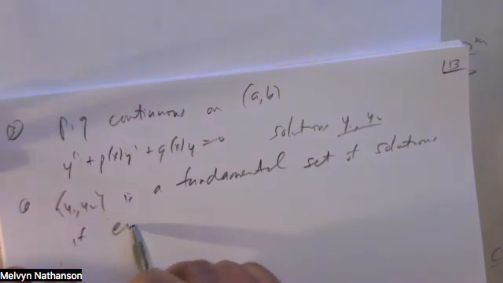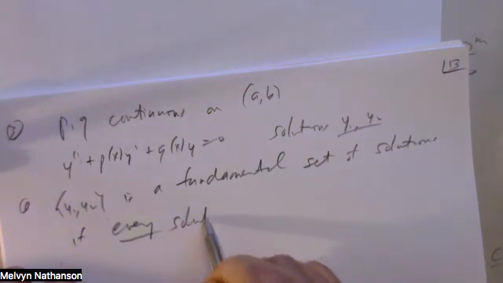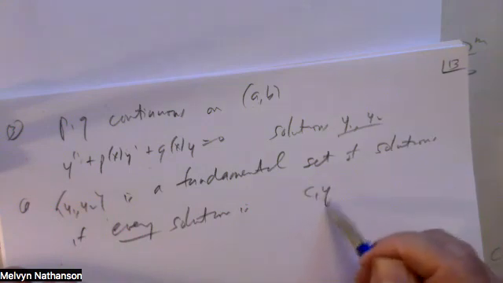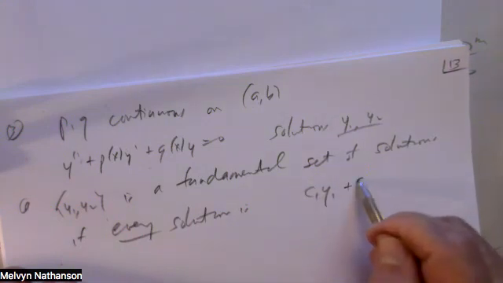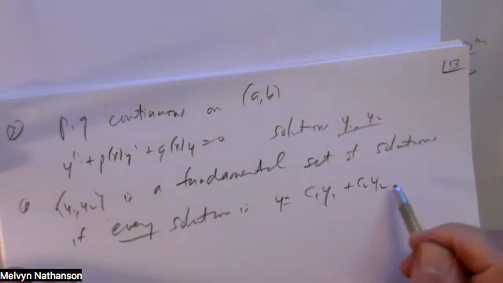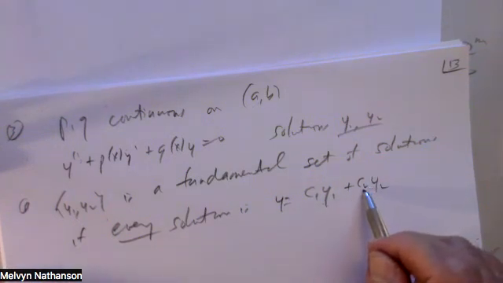if every solution is of the form a linear combination of y1 and y2, c1 y1 plus c2 y2 for some constants c1 and c2.